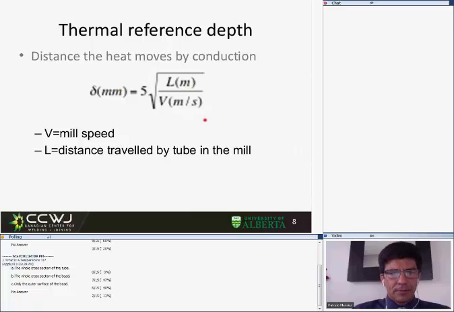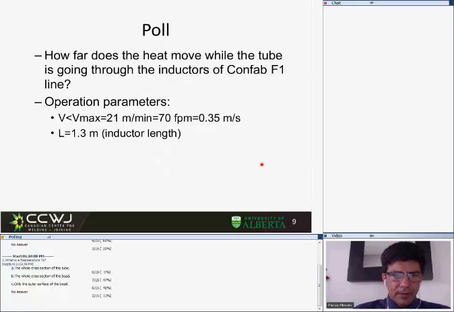And on that note, since you have this formula, how about if I open a poll and we can see if we can make a prediction. This would not be the first time I ask you to do such a prediction.